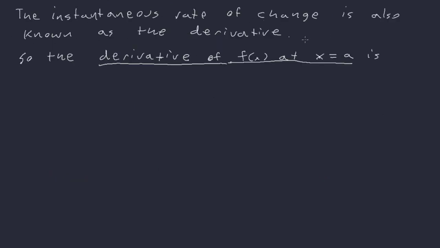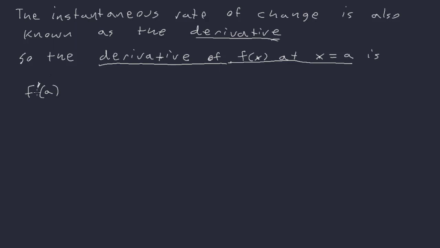So the instantaneous rate of change is also known as the derivative. I'm going to start using that terminology now just because it's easier to say derivative than instantaneous rate of change every single time. So the derivative of f of x at x equals a is, often we use this notation, f prime of a.